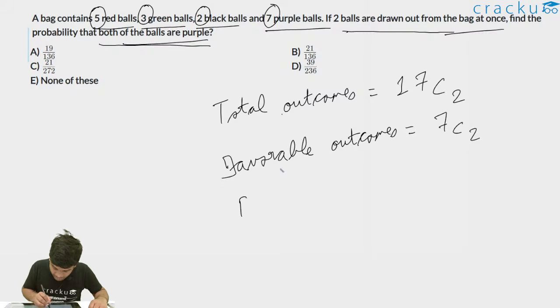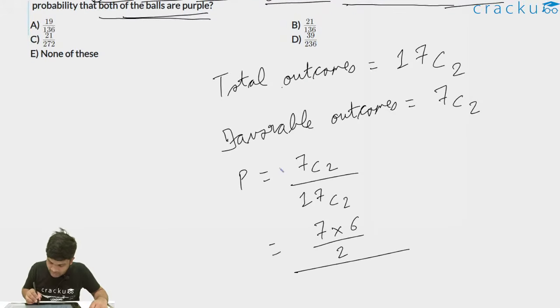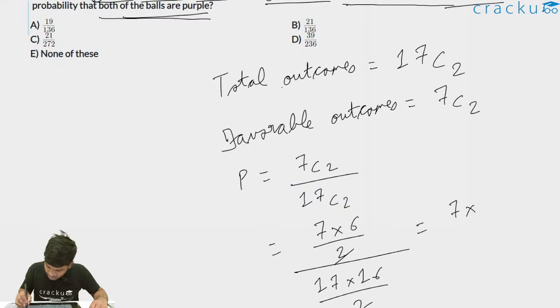Now the probability will be favorable by total. So it is 7C2 divided by 17C2. Okay. So 7C2 will be nothing but 7 into 6 by 2, divided by 17C2, which will be 17 into 16 by 2. This 2 and 2 will cancel out. We will get 7 into 6 divided by 17 into 16.